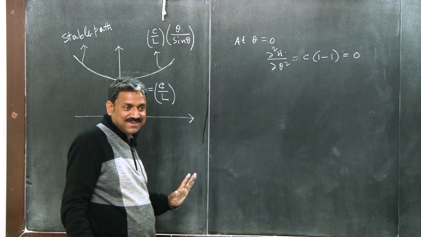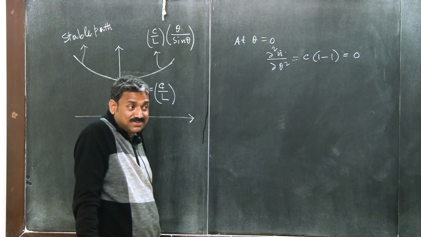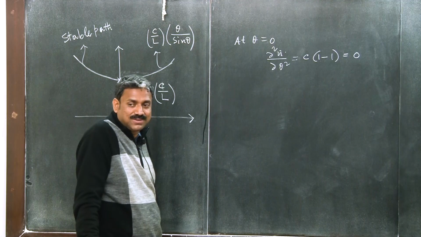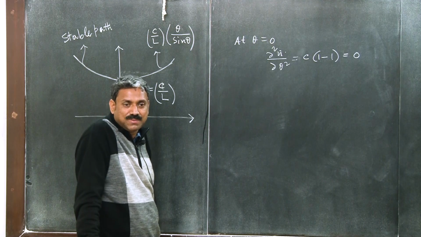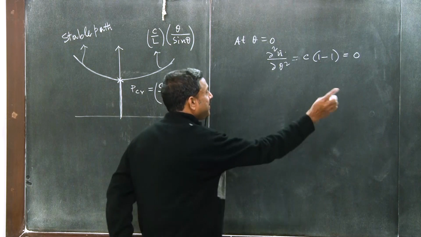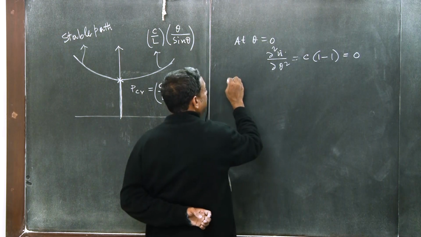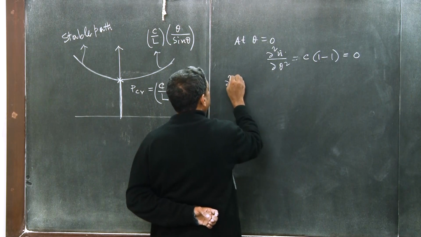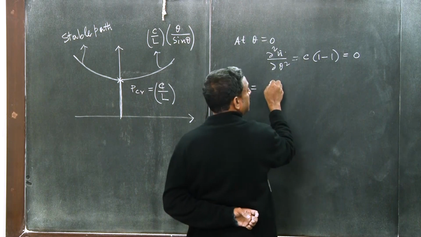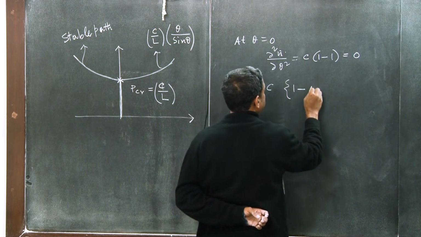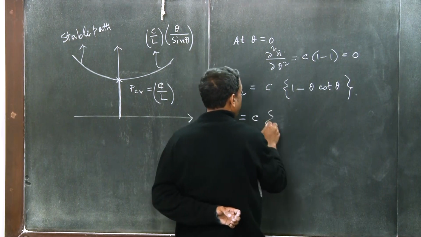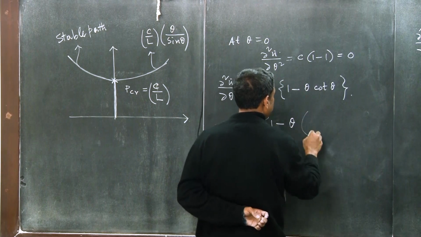So for that, what will you do? We have to look into the higher order, the way you did maxima and minima using differential calculus. Okay, let's do one thing. Del 2 pi del theta 2 is nothing but C times 1 minus theta cot theta. What is the expansion of cot theta?